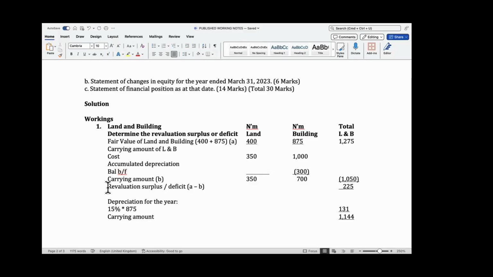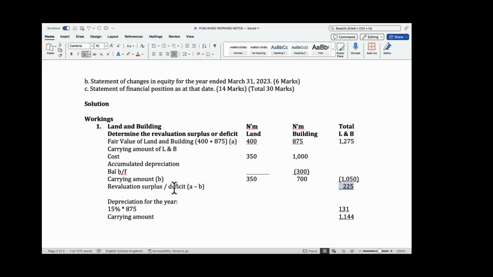First, I determine my revaluation surplus or deficit by comparing this. And this separation made me know that this accumulated depreciation will only affect this guy. Even if I did separate it at this point, it won't affect anything. So I got my carrying amount. I got the difference between the two to get my revaluation surplus. And I did that before deducting the depreciation.